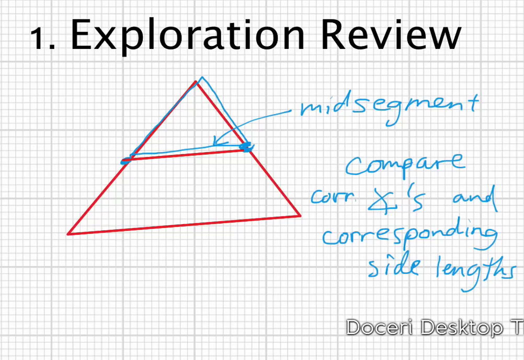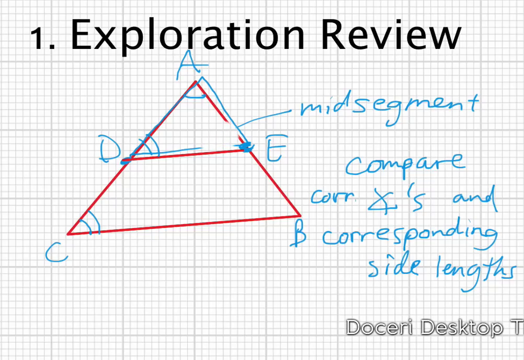Now, what you should have noticed from the exploration is that if I label this A, B, C, D, and E here, and I compare all the angle measures, you'll find that the angle measures are all going to be congruent.